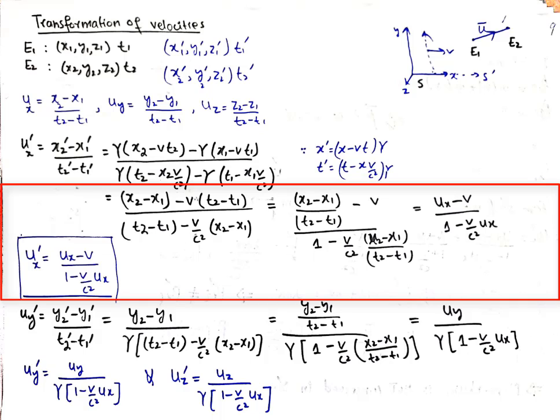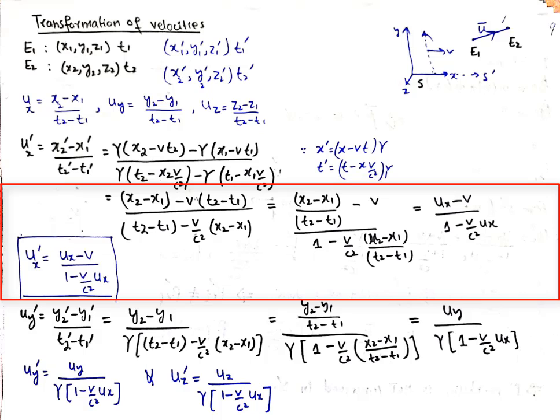If I divide the upper and lower term by a factor t2 minus t1, I get this expression. So this gives me (x2 minus x1) divided by (t2 minus t1), minus v, and next we have t2 minus t1 divided by t2 minus t1, which gives me 1.